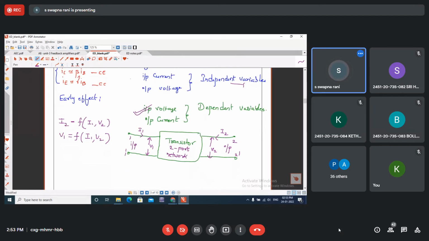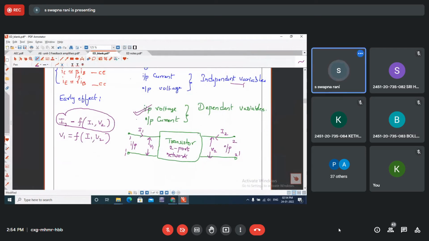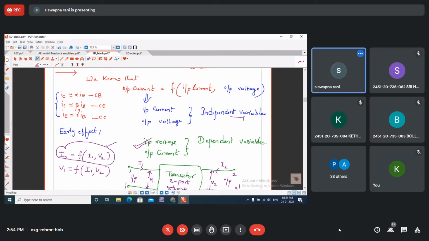You need to remember this: output current is dependent on the input current and output voltage. So this equation is very important.